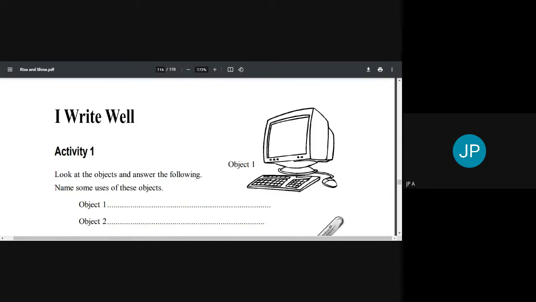And if you look at the keyboard, it is rectangular in shape. So the shapes of these different objects are different, even within the same device.